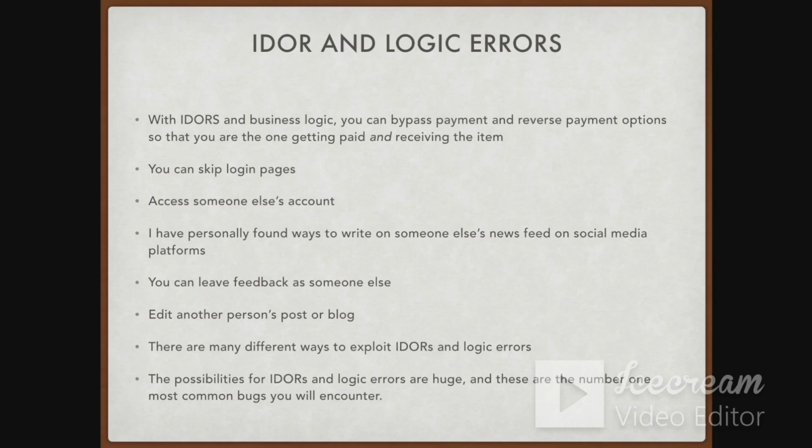You can edit another person's blog or their post. These are just examples of IDORs and different ways that you are going to be able to find them. IDORs and business logic errors are going to be the most common bugs out there, which is a great thing because it makes them easier for us to find, and they are easy to find as well.